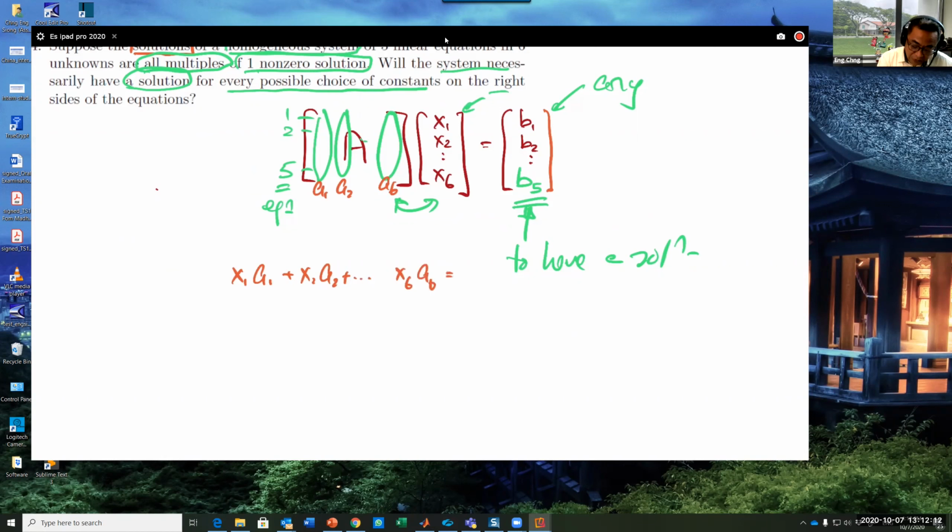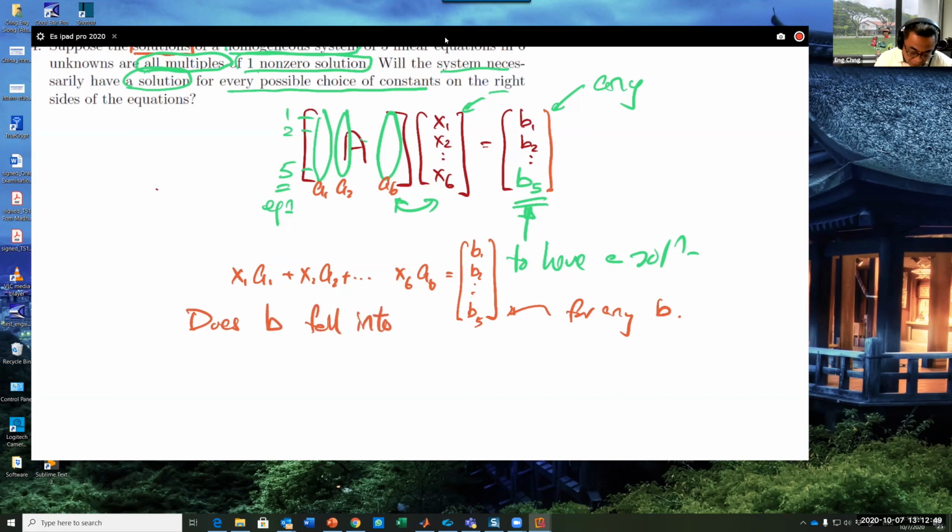And somehow all of them, when added up together, I found the correct x will be B1, B2, up to B5, for any B. So if you reach this point, then you understand that he's asking you, does B fall into the column space of A?